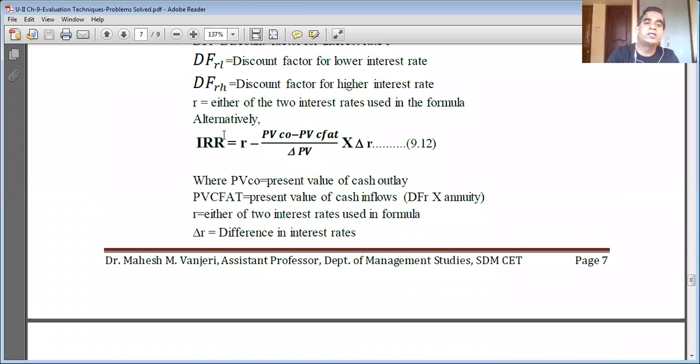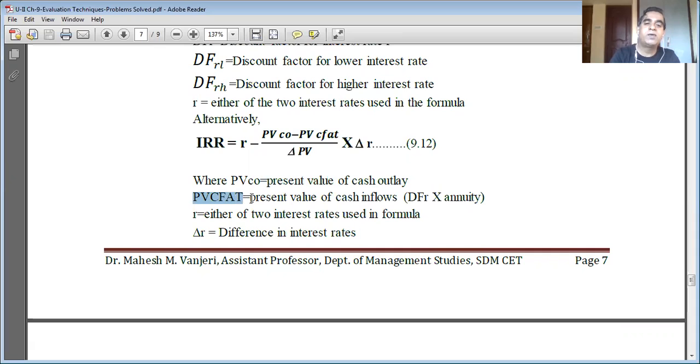Then there is one more alternate equation. Small IRR is equal to small r minus (PVCO minus PVCF80), that is the present value of cash outflows minus present value of cash inflows after taxes, whole divided by delta PV, multiplied by delta R. Where PVCO is the present value of cash outlay, which is always in present only.